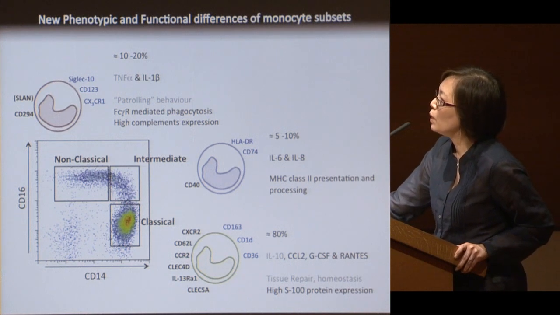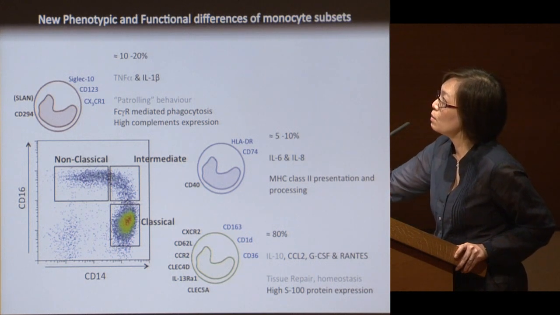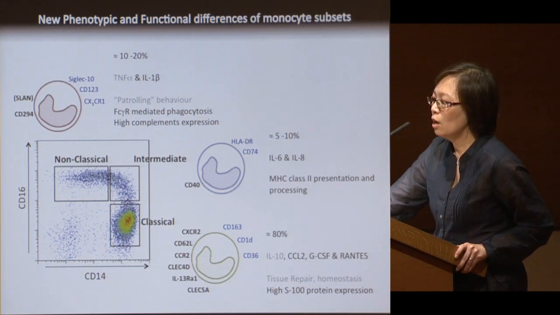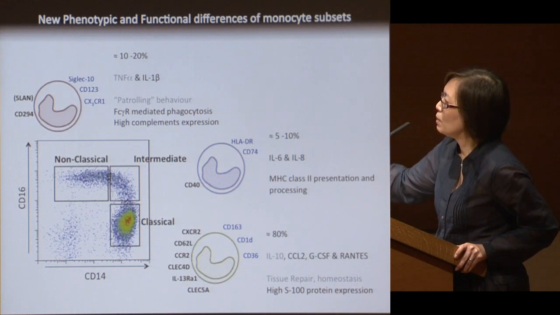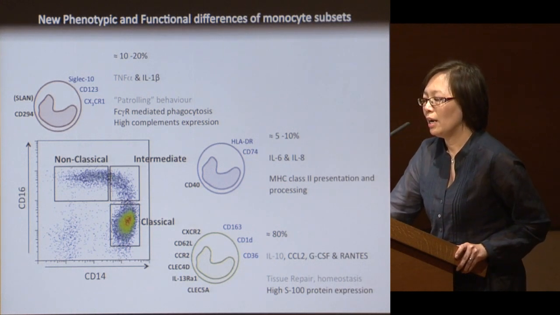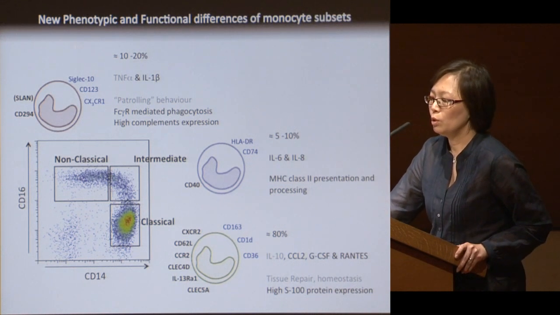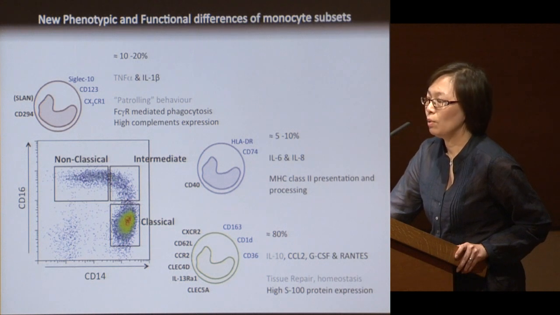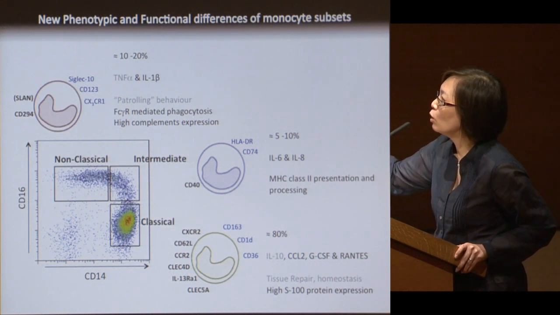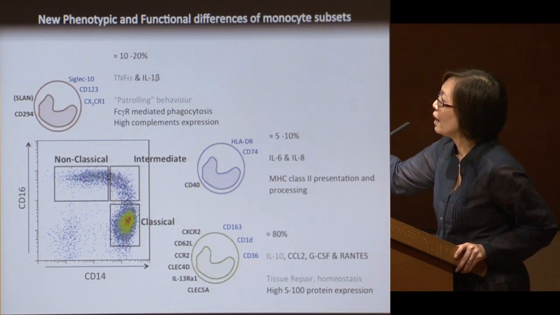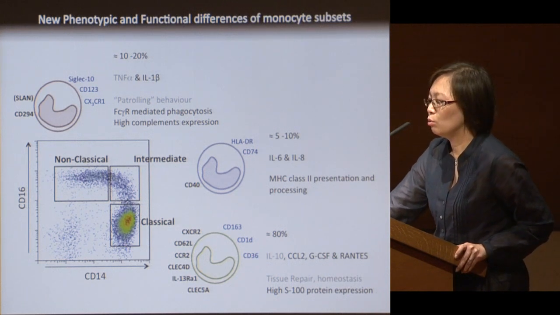We know that between the intermediate and the non-classical population, it is the non-classical that is mainly producing TNF-alpha, and it's also making high amounts of IL-1 beta in response to LPS, while the intermediate is making similar levels of IL-6 and IL-8 as the classical and non-classical, while having no capability of producing the other cytokines that we have investigated. They are also the population that exclusively expresses CD40 and expresses the highest level of genes related to MHC class 2 presentation and processing.